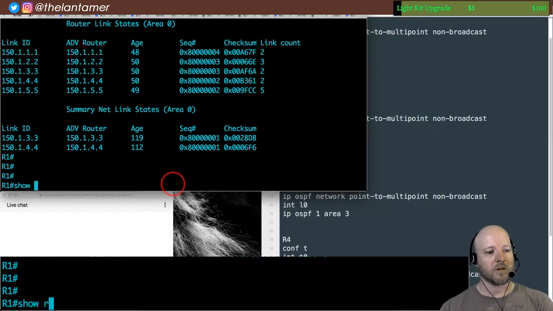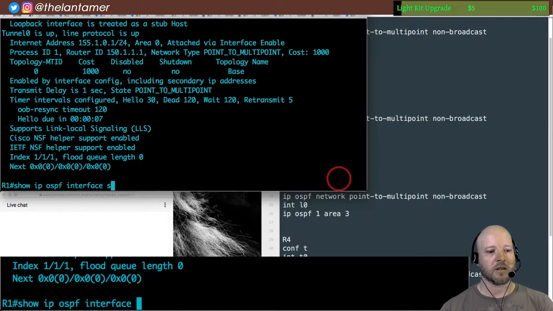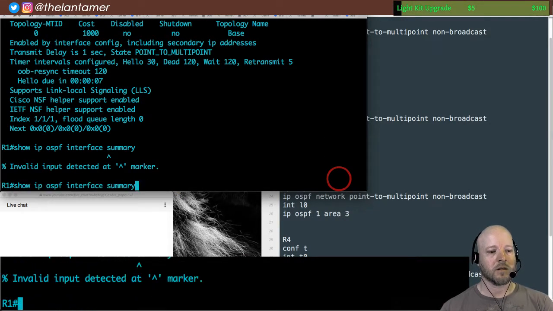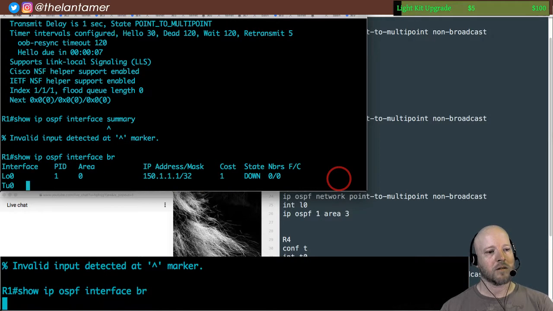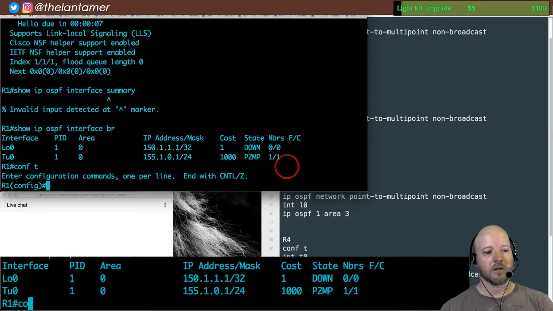Show IP OSPF interface. Let's do summary. Brief. Oh, this is down. Interesting.